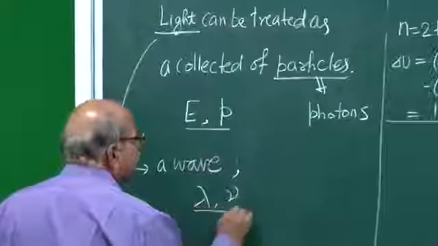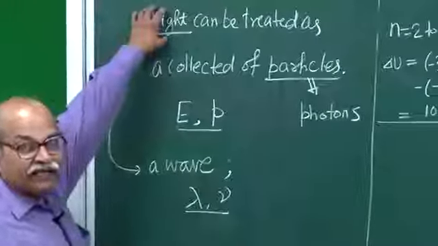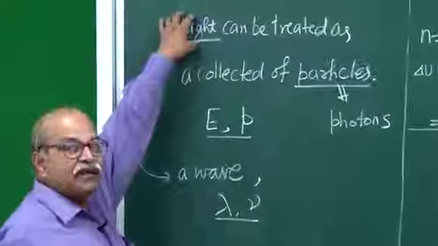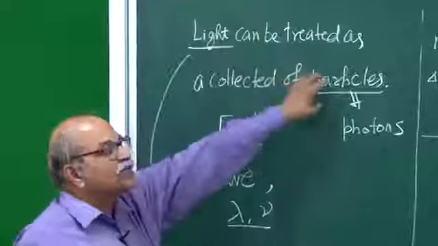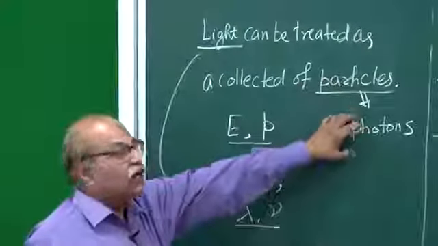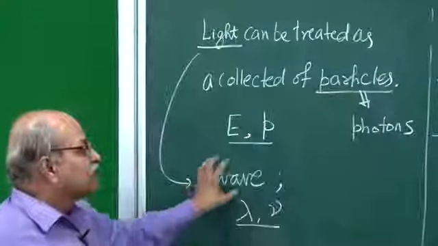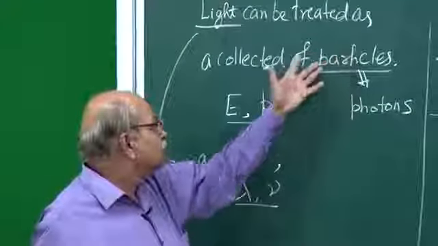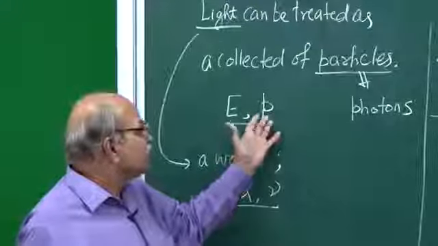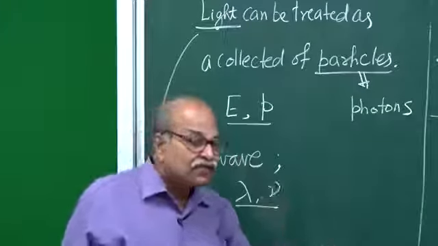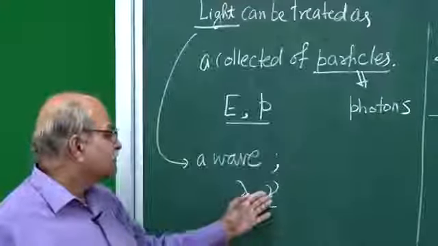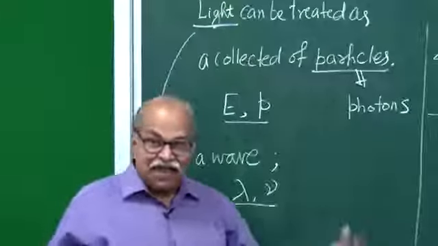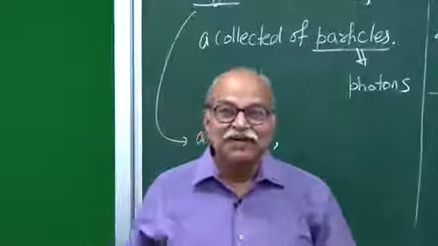So the same object, light or EM radiation, can be regarded as a collection of particles, a collection of photons, or a wave. When you talk in terms of photons, then you talk of energy and momentum. When you talk in terms of waves, you talk of lambda, wavelength, and frequency nu. In fact, this is a very old debate.